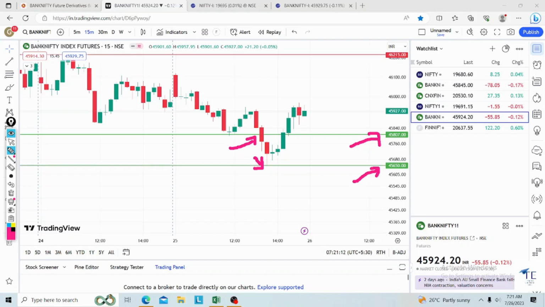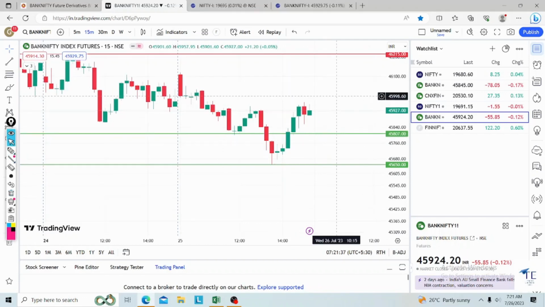After this support, see this beauty of a spinning green candle. You will get it only on this type of information, nearby our demand zone, and the market went up. Bank Nifty went up. This is about yesterday's story of Nifty and Bank Nifty.